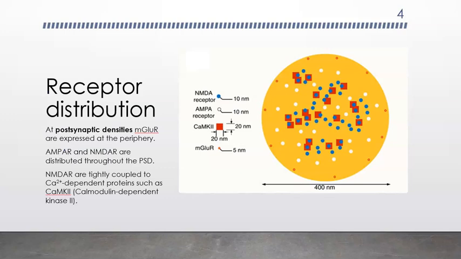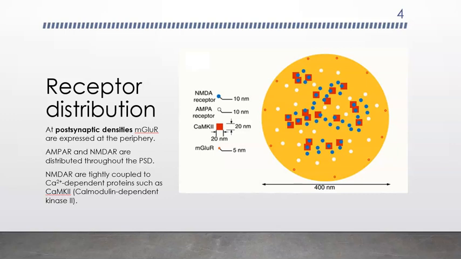So how do all of our receptors look within, say, a cell? So here is just a diagram suggesting what things might look like. So at the postsynaptic densities, so on the postsynaptic neuron, this is what the receptors might look like, or the distribution of the receptors might look like.